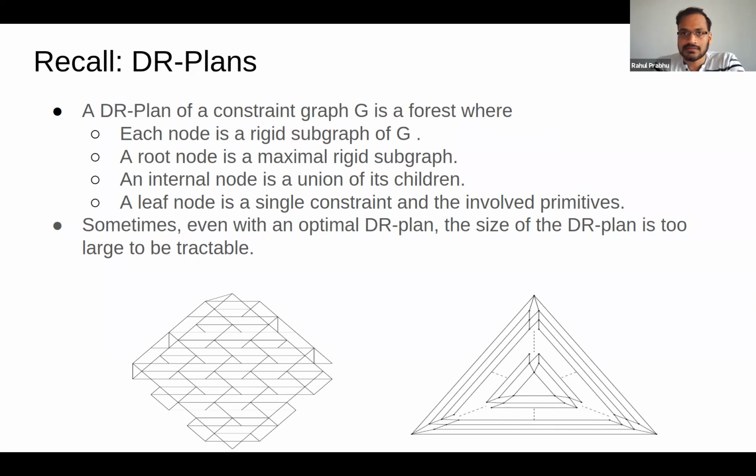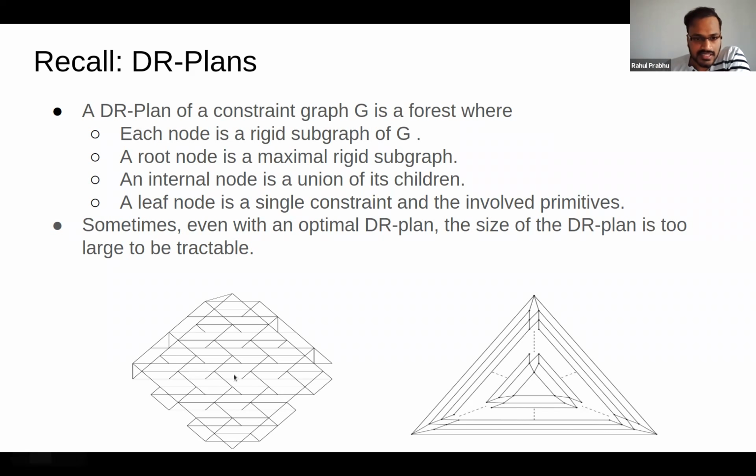That is, what's the size of the largest indecomposable system that we have to contend with. So sometimes it turns out that even with an optimal DR plan that reduces the size of the largest indecomposable system, the size of the largest indecomposable system you get is too large to be tractable.